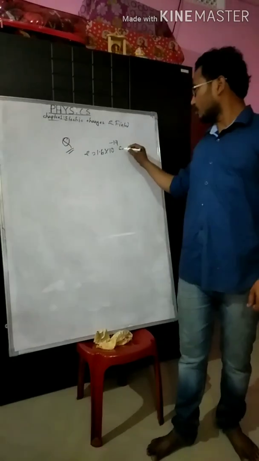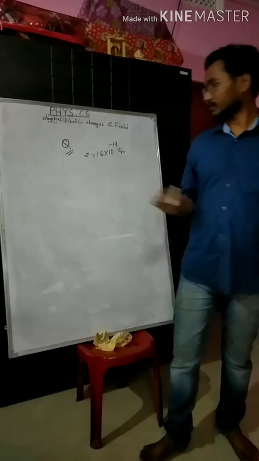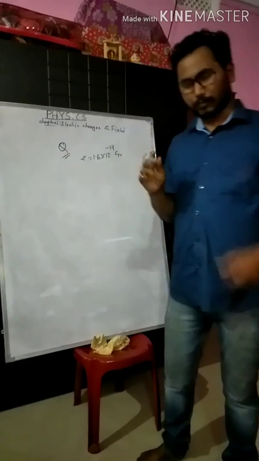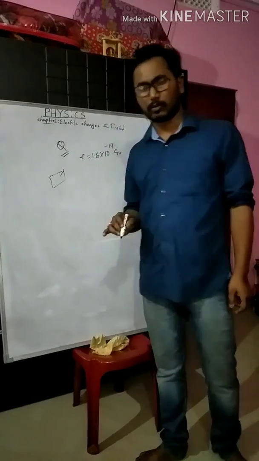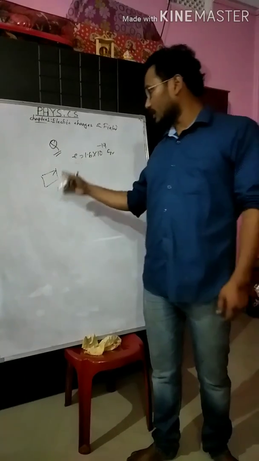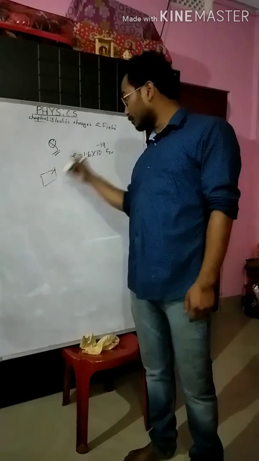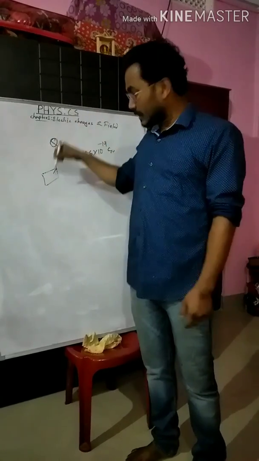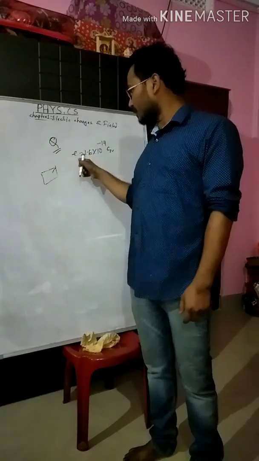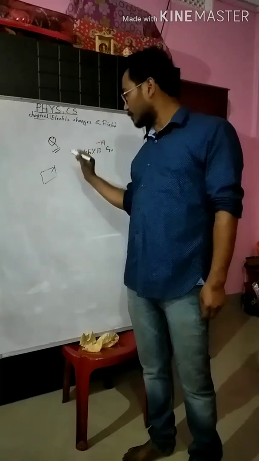Coulomb is the unit of charge. So the charge present in that box will be the number of smallest charges present in that object. If the number is n, the charge of that box will be the multiplication of n and e.